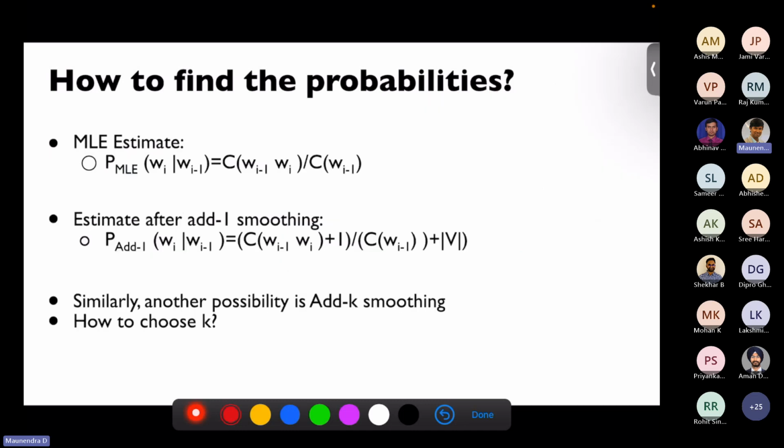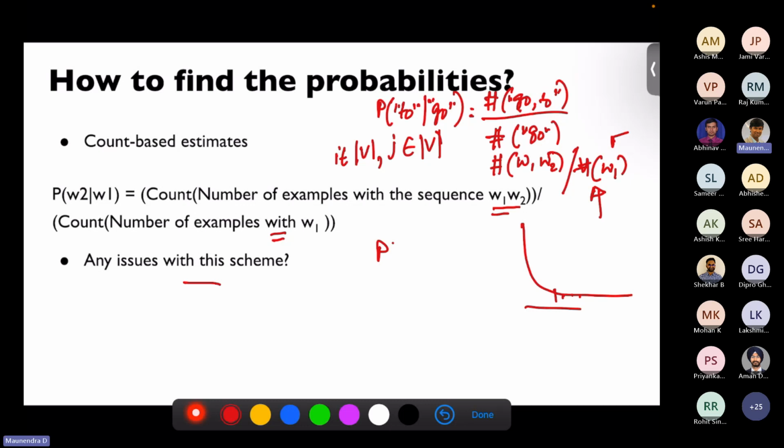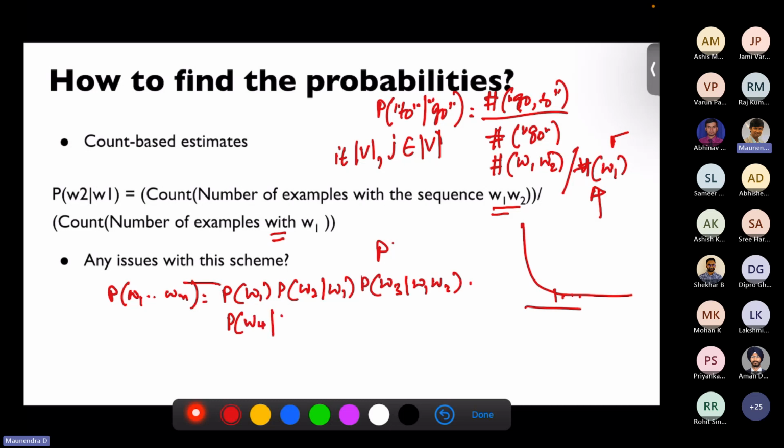Now, we said the probability of W1 to Wn can be written as the probability of W1, the probability of W2 given W1, the probability of W3 given W1, W2, then W4 given W1, W2, W3.